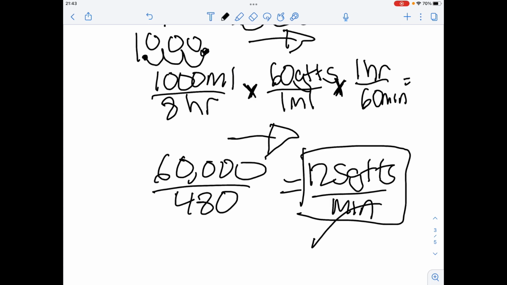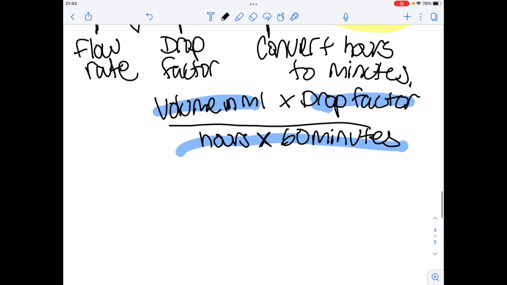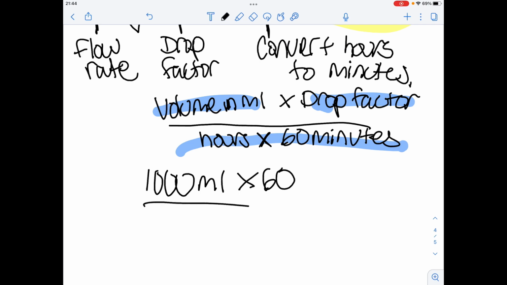Now let's solve the same problem, but using the other equation. So remember, from the problem, our volume was 1,000 milliliters. We found that by converting that 1 liter to milliliters. So we have 1,000 milliliters. Our drop factor was 60. And we had 8 hours times 60 minutes.